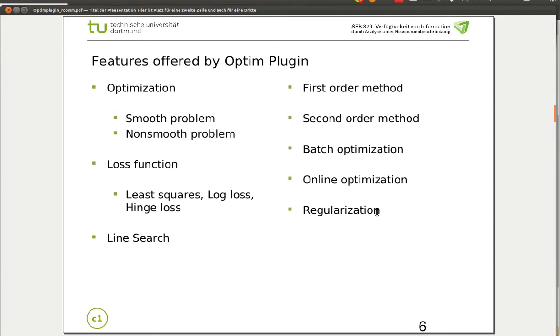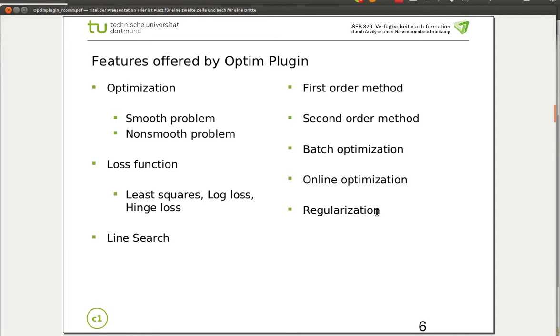Here the smoothness refers to whether the objective function is differentiable and continuous. The plugin also supports various cost functions such as least squares, logistic loss, and hinge loss. There is also support for line search, which is again an optimization subproblem of finding the optimal learning rate for each iteration.